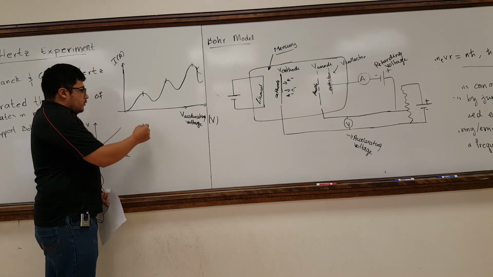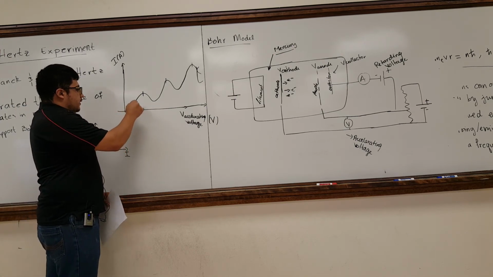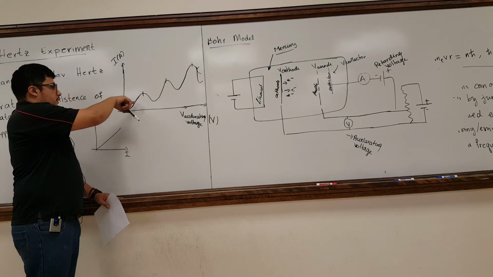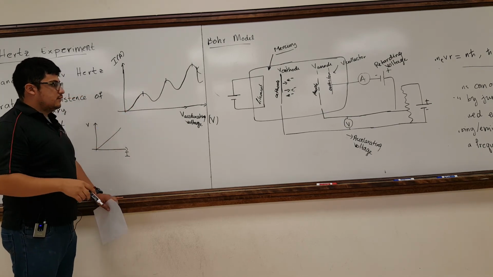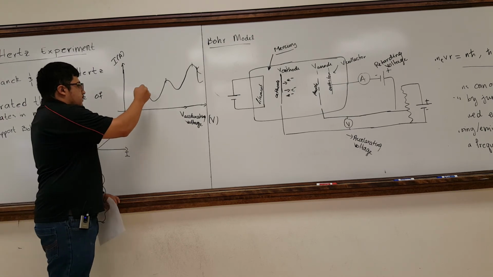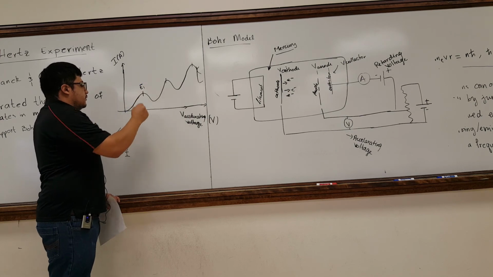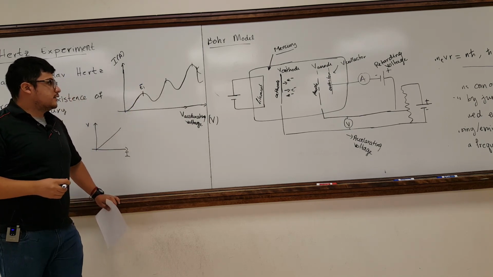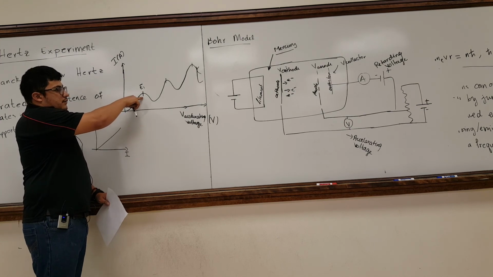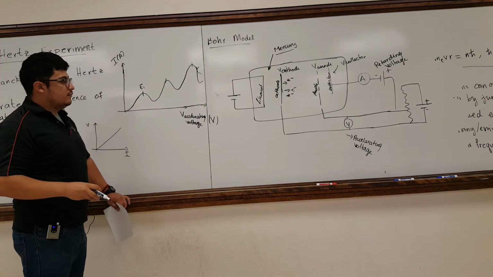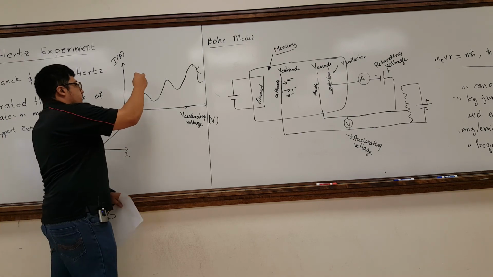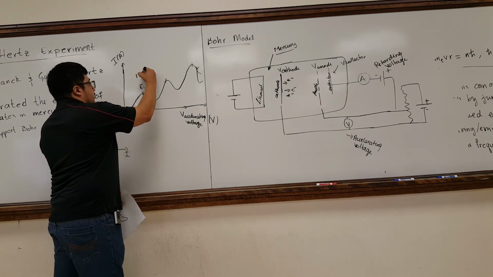So what you see here is, as the electrons are accelerating with increasing voltage, they have elastic collisions, bouncing off the mercury atoms. They reach the particular energy of the first excited state, so then they can transfer all of their energy to that mercury atom, and so they excite one mercury atom.